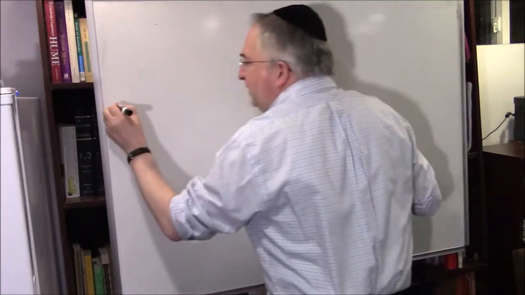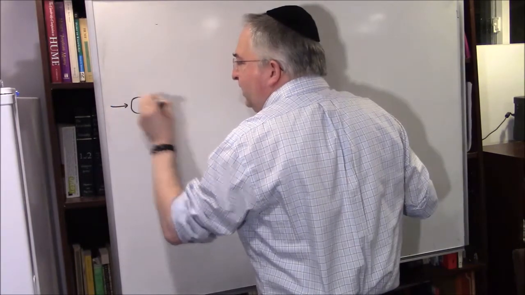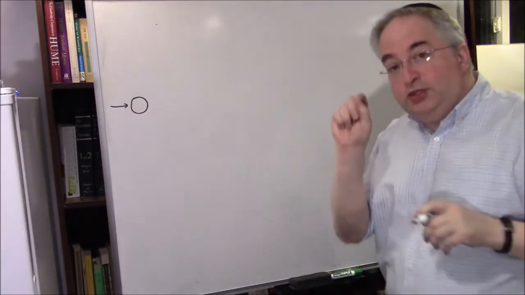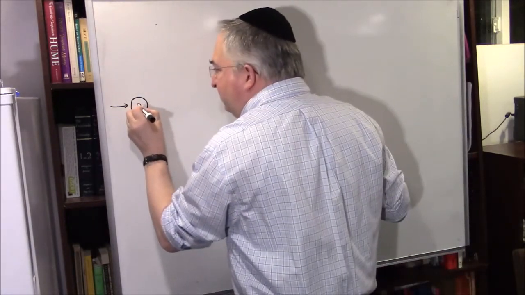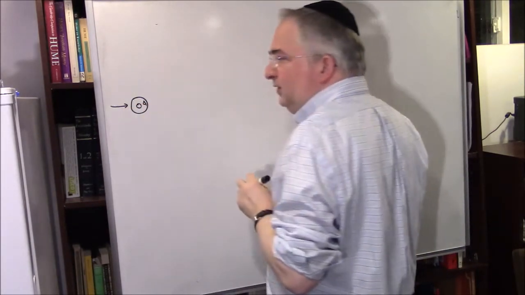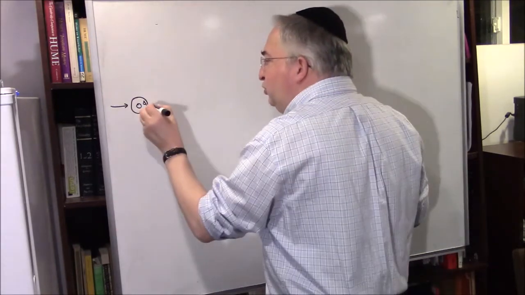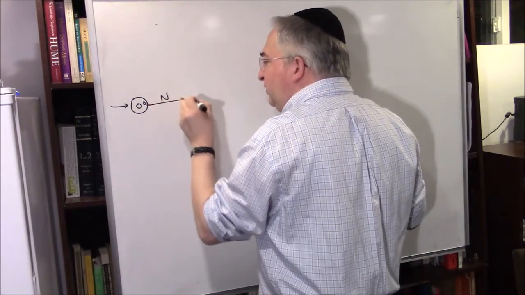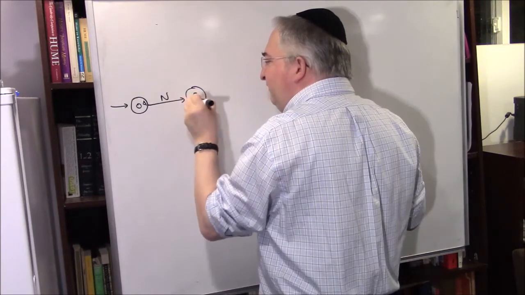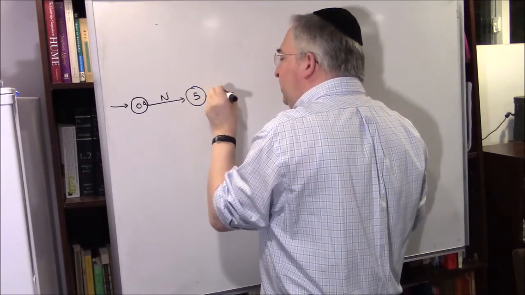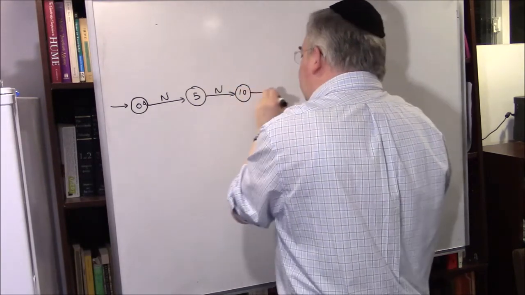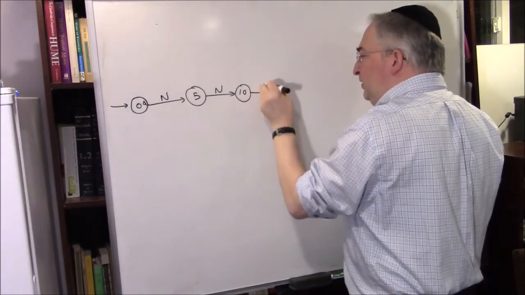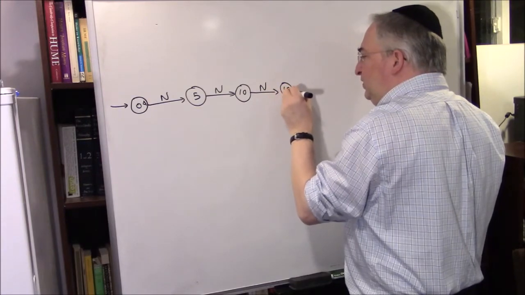So you start off in a state, and the soda machine tells you what the state is. The state is 0 cents. When you come up to the soda machine, there's nothing in it. Now you can put a nickel in the soda machine, and then it's going to say 5 cents. You can put another nickel in, and it says 10 cents. Another nickel, and it says 15 cents.